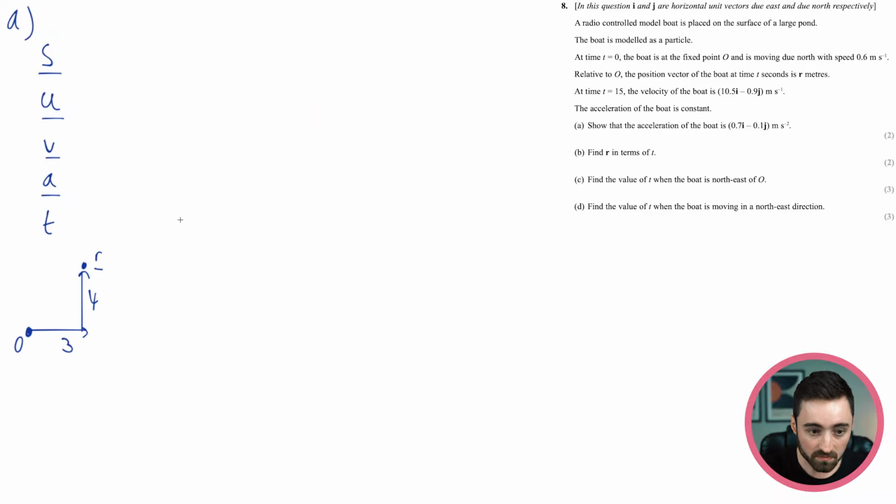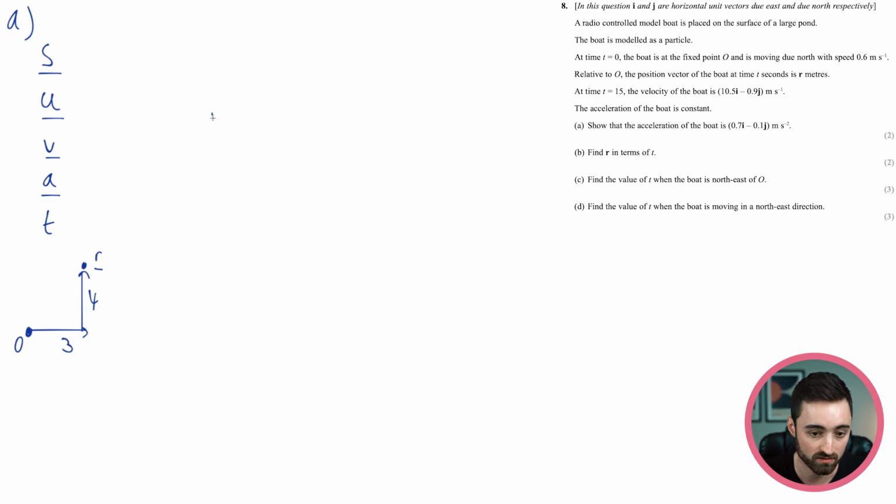So in this case, you can see that they give us this 15-second window. Let's try and apply the SUVAT to that. I don't think it tells us anything about its position or displacement. Does it tell me the initial velocity, u? I think it does, because it says at time t equals 0, the boat is at a fixed point O and is moving due north with a speed 0.6.